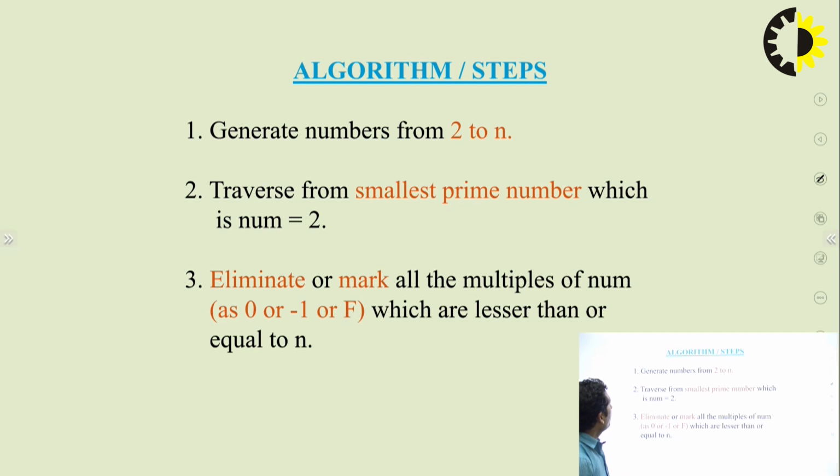more effectively. Now the algorithm: the steps to generate prime numbers using the Sieve of Eratosthenes. Step number 1: generate numbers from 2 to n.